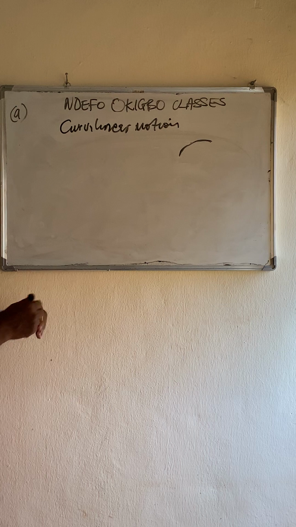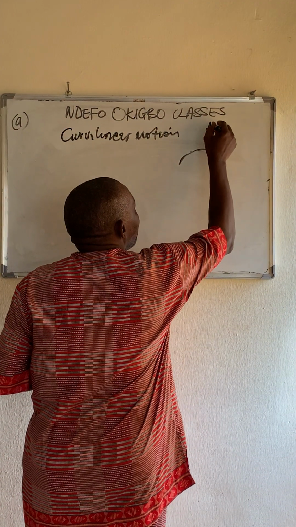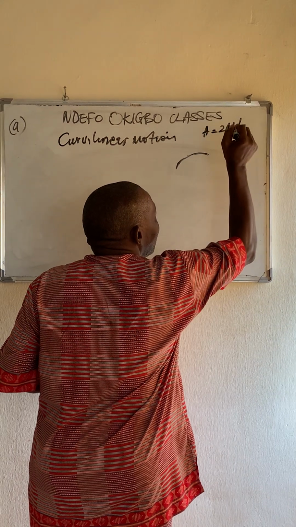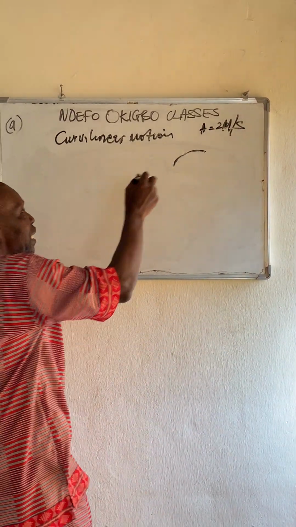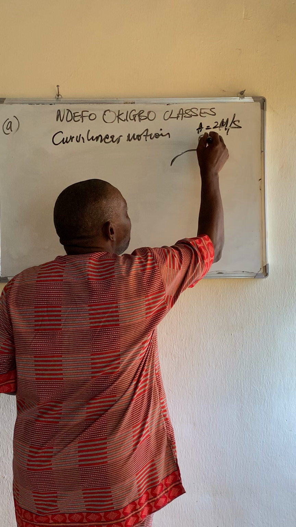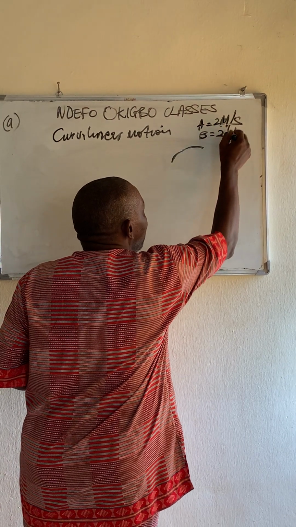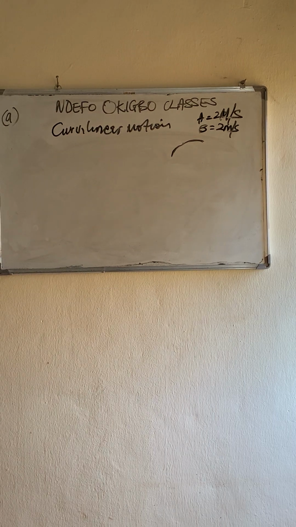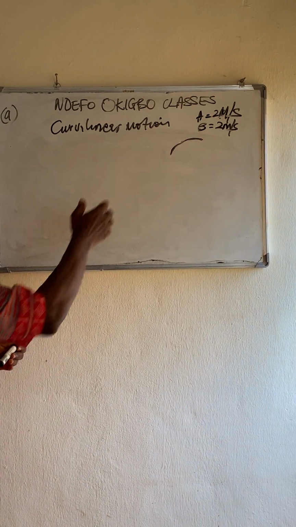If velocity A was 2 meters per second in one direction, and it changes to another direction, velocity B now, 2 meters per second, the 2 velocities are not the same because directions are not the same, even though quantitatively they are the same.